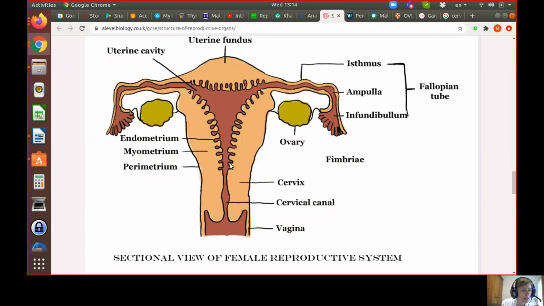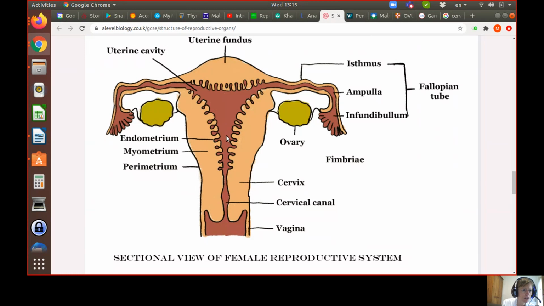So let's recap this again. What's that? Ovaries produce the eggs, very good, that then travel through the fallopian tubes. And once the egg has left the ovary, it can be fertilized and implant itself in the lining or the wall of the uterus.